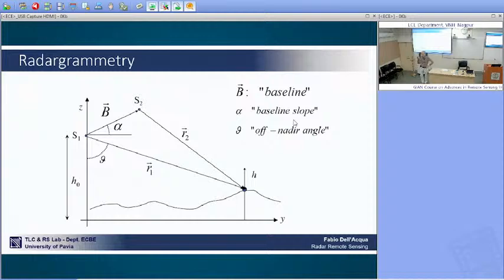Okay? And the distance between S1 and S2, between the two passes of the satellite, well, this must be in the same so-called orbital tube. So the tolerance area for the satellite pass. So it's on the order of meters or tens of meters. So this triangle is extremely thin. Extremely.